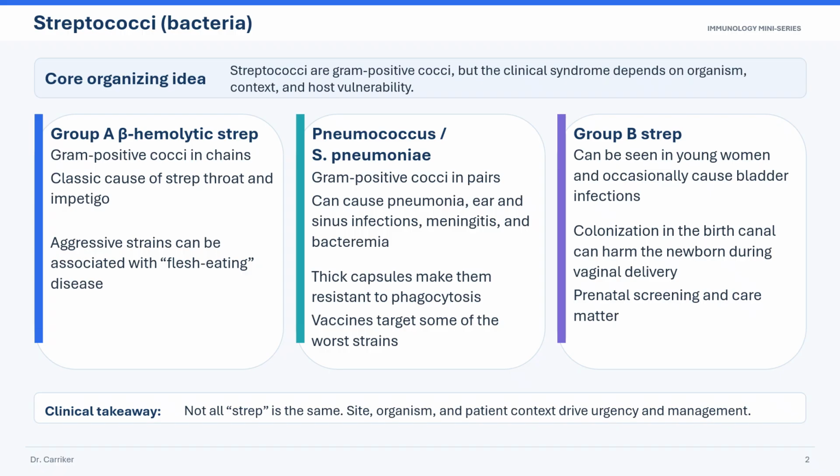It can cause pneumonia, but also sinus infections, ear infections, meningitis, and bacteremia. It has a thick capsule that helps it resist phagocytosis. And group B strep is important in pregnancy because colonization in the birth canal can be very dangerous to the newborn during vaginal delivery. This slide reminds us that not all strep is the same and clinical context matters.